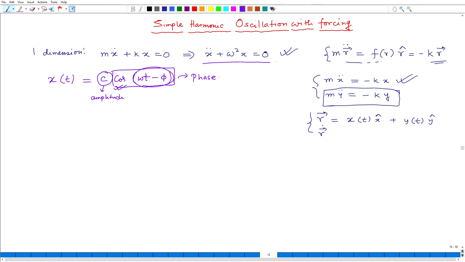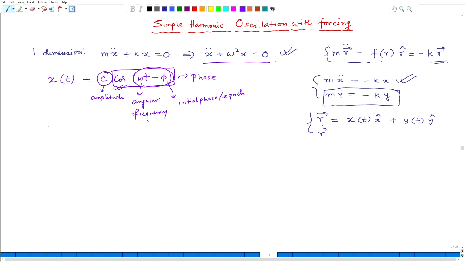This is a constant, and this is known as the angular frequency, which is sometimes sloppily also used as frequency. This is time, and this is the initial phase or epoch.